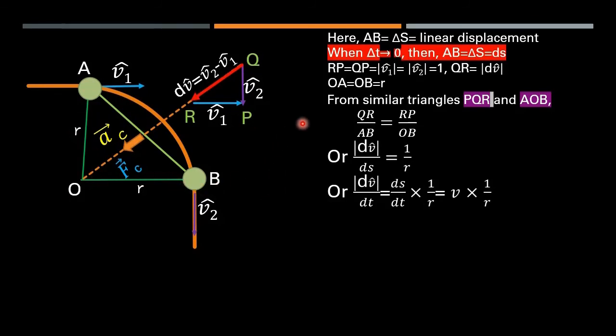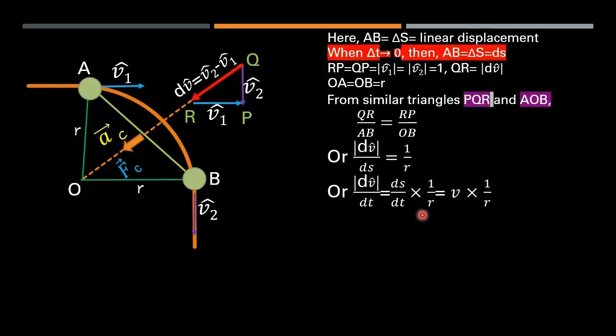Therefore we can write QR by AB is equal to RP by OB. Now replacing the values of QR, AB, RP, OB, we get modulus of dv cap by ds is equal to 1 by r. Now ds is brought to the right hand side and then both sides are divided by del t.